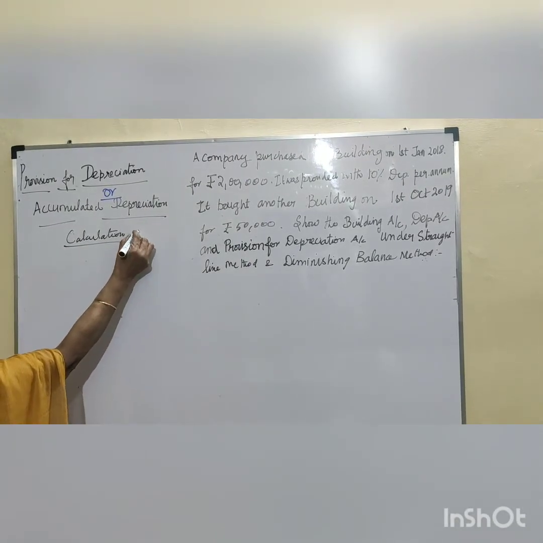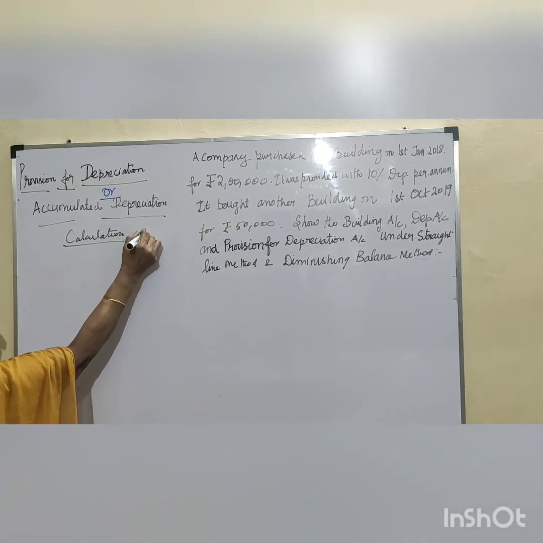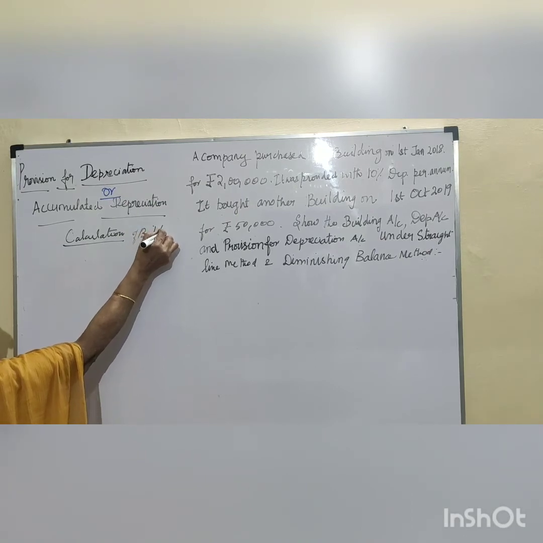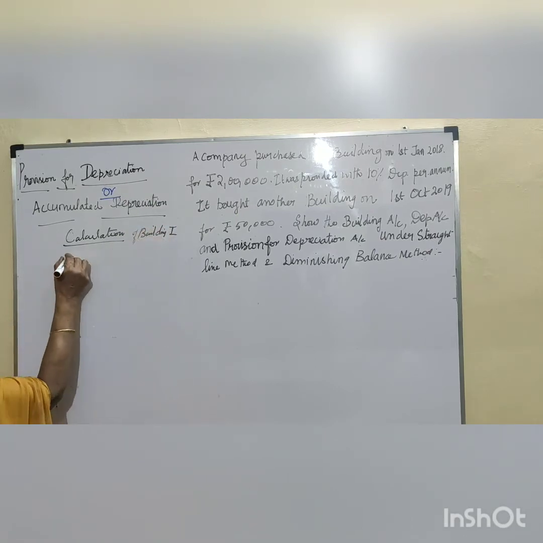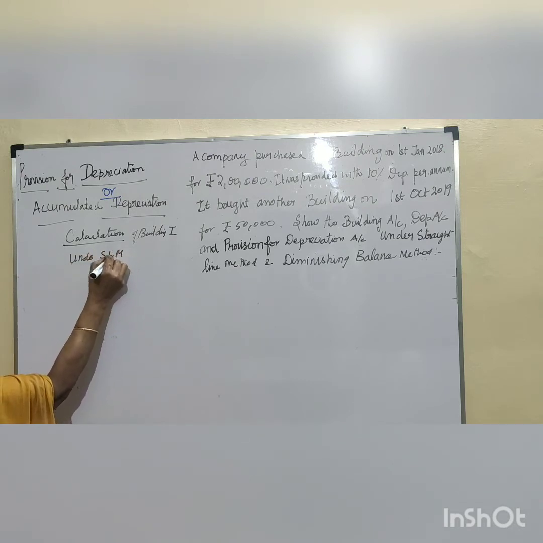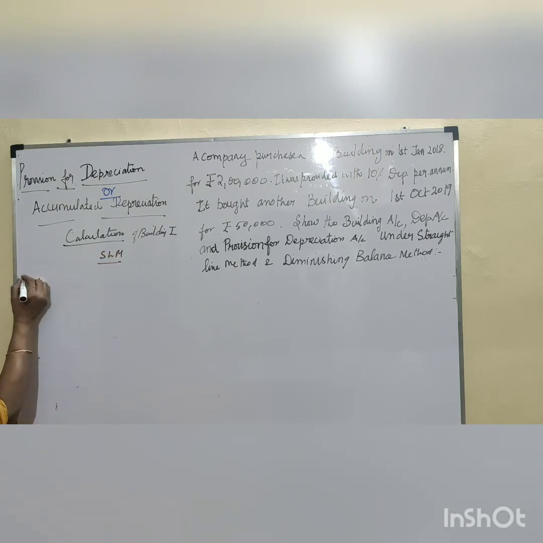Calculation of building 1 under straight line method. Now let us see. 2018 January 1st to December 31st we are going to calculate.